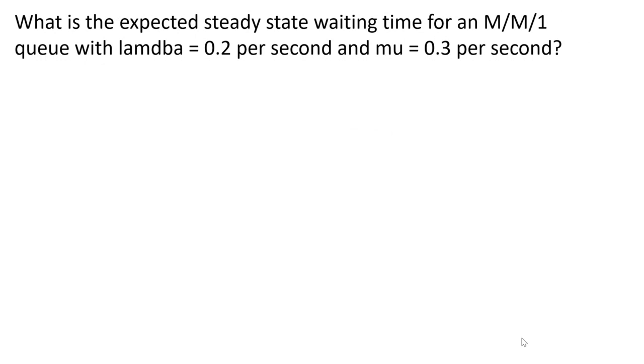What's the expected steady state waiting time for an M/M/1 queue with lambda equals 0.2 per second and mu equals 0.3 per second? In this case, this is the waiting time, not the number of customers in the queue like the previous question.